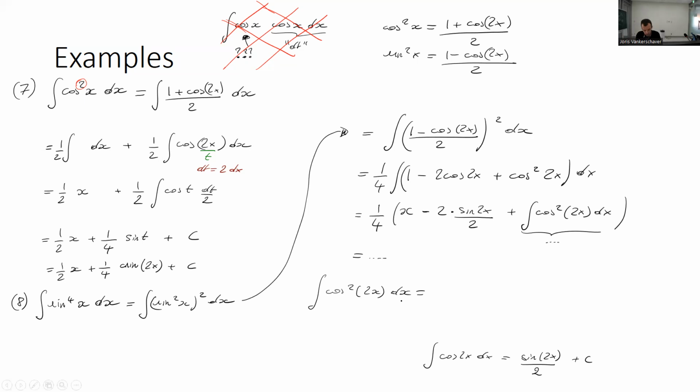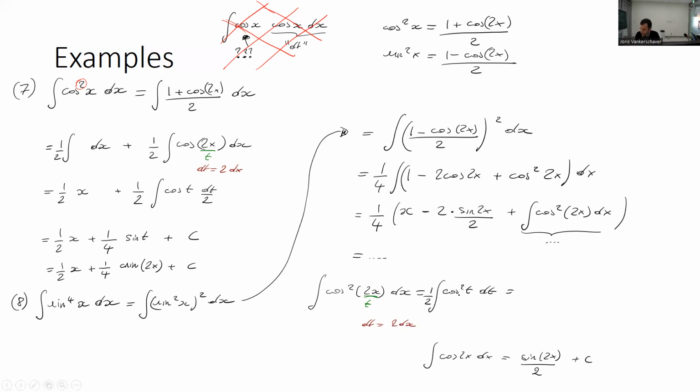Let's bring it into a form where we can use expression number 7. So let's call this 2x t. And then we have that dt is again 2 times dx. And therefore, our integral becomes the integral of cosine squared t dt, and then times 1/2.